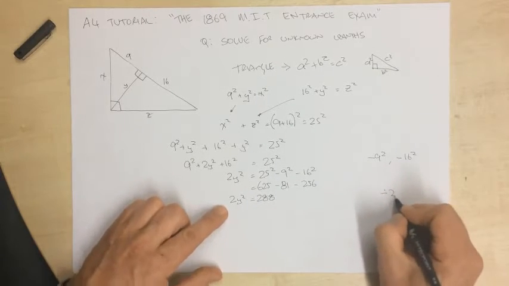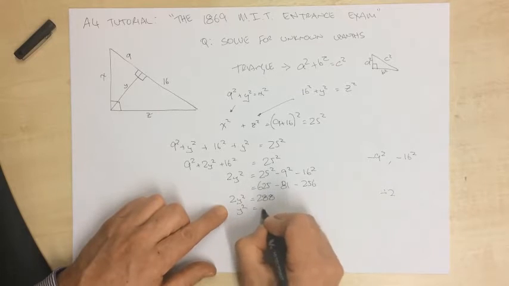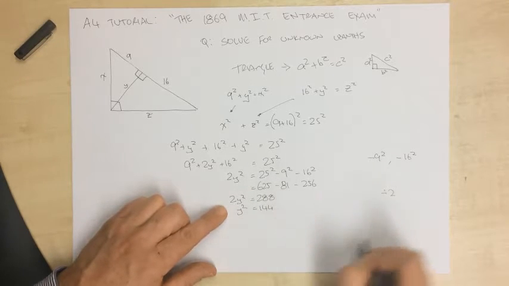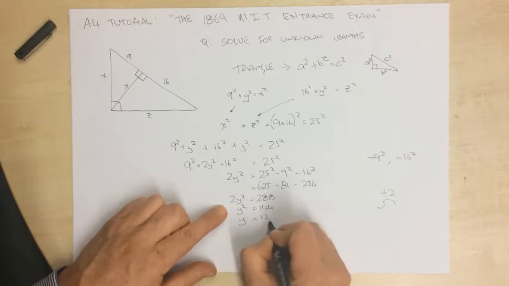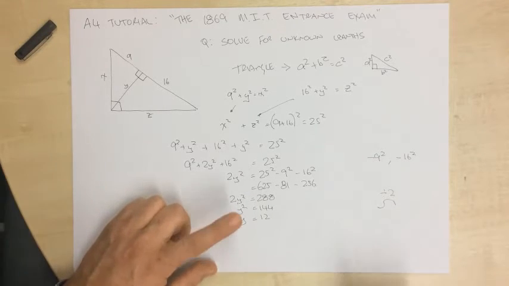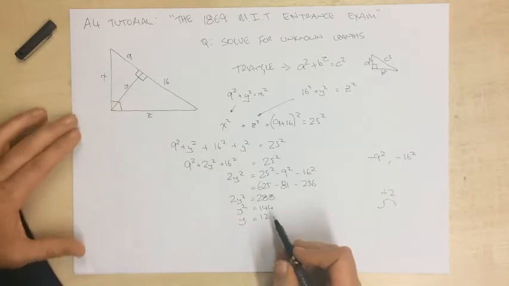Divide both sides by 2. Take the square root of both sides, and there's our solution there. y is 12.